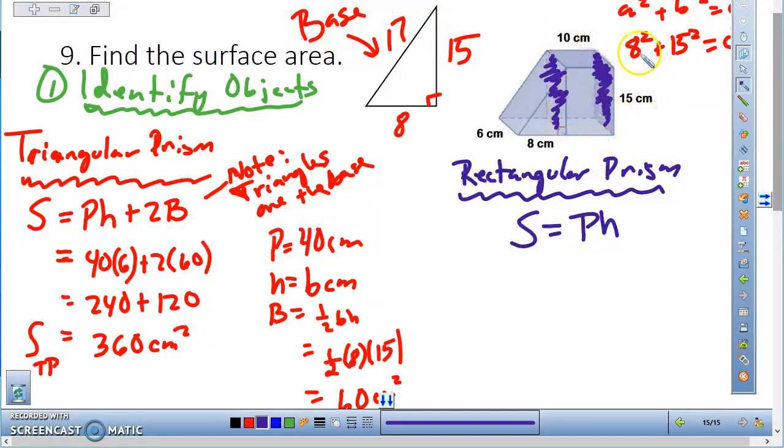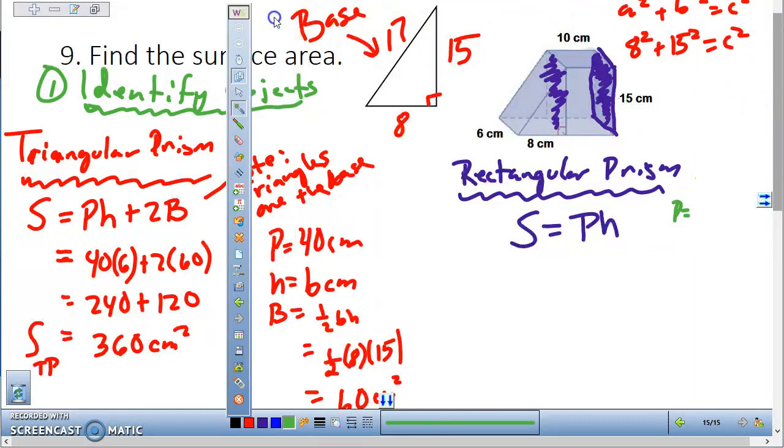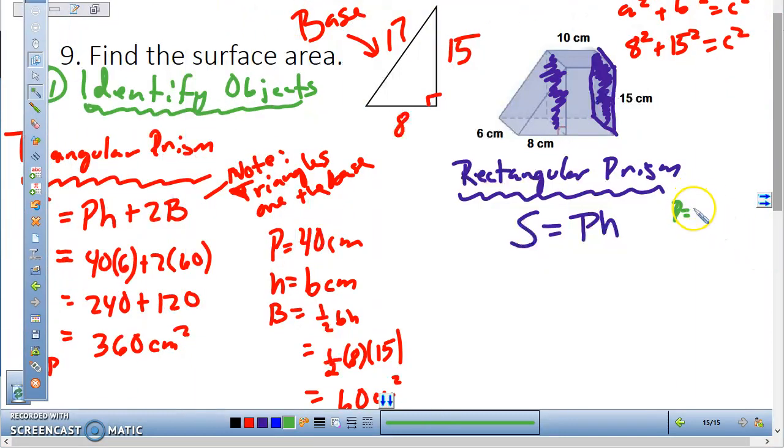Okay, so when we remove those 2 bases, we're treating this side as the base. So I'm going to calculate the distance around it, which happens to be 15 plus 6 plus 15 plus 6. I'll put it in green. So the perimeter is 15 plus 6 plus 15 plus 6.